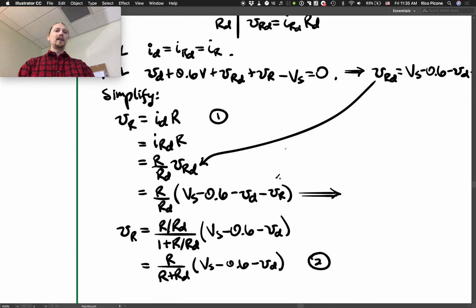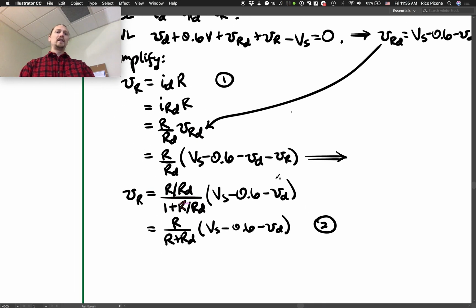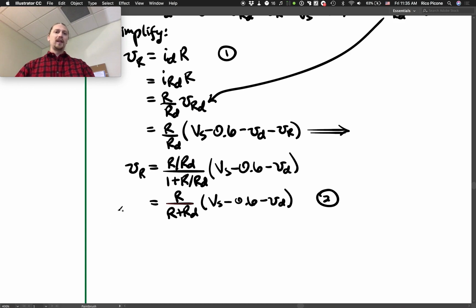So let's see what we can do. We see that the first one's pretty easy. If you want to know what ID is, and you have VR, from equation 1, we know that ID is just VR over R, right? Okay, so that one's a nice check equation.